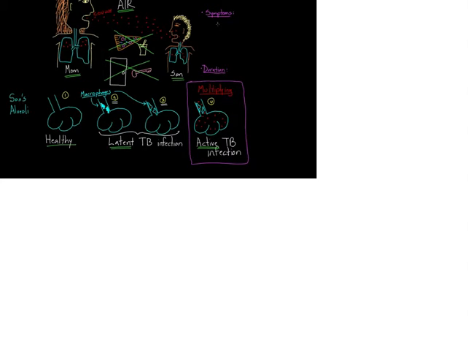With symptoms, I'm going to break it up into two categories. The first is constitutional. These are constitutional symptoms, things that affect the whole body. So I'm going to put a little bracket on the entire body to remind us of that. This could be things like fevers or chills.